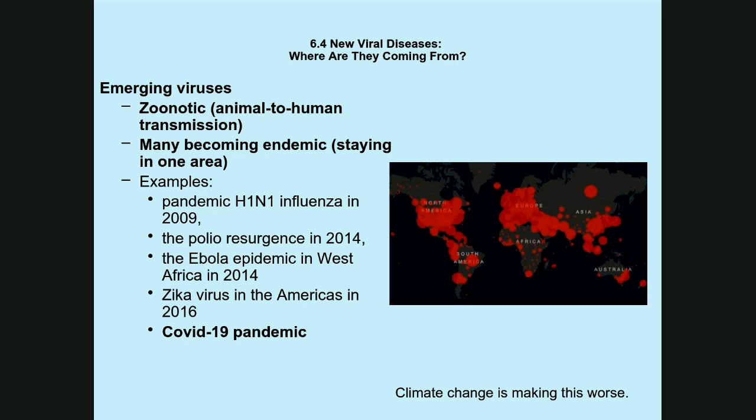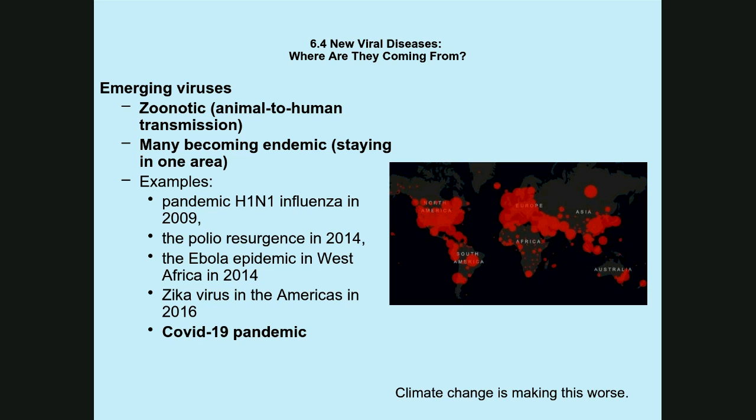For example, Ebola is one that had been in other parts of the world, but hit West Africa pretty heavy in 2014. Emerging viruses can become endemic, meaning that they stay in that area. They weren't historically found there, and it might be just a flare-up and then it goes away, but some of them may stick around and be in that area for the foreseeable future.